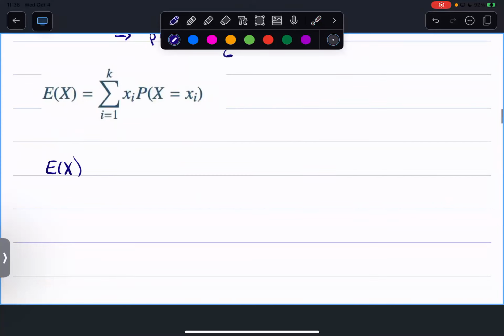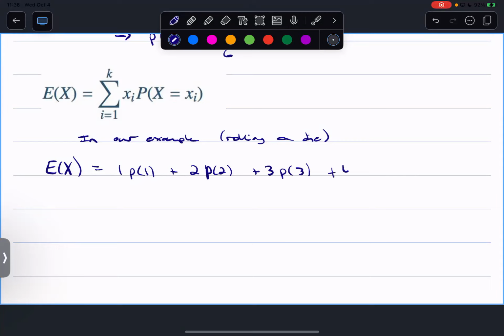So in our example, rolling a die, we have the sum of, I could roll a 1 times the probability of 1, plus a 2 times the probability of rolling a 2, plus a 3 times the probability of rolling a 3, plus 4, I think you get it, times the probability of 4, 5 times the probability of rolling a 5, and 6 times the probability of rolling a 6.